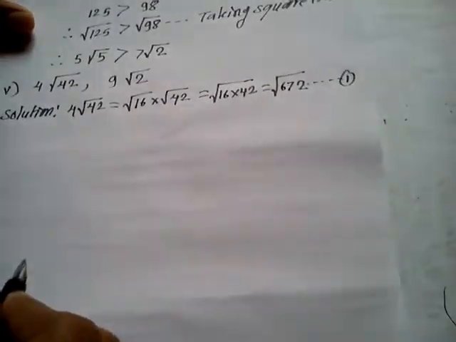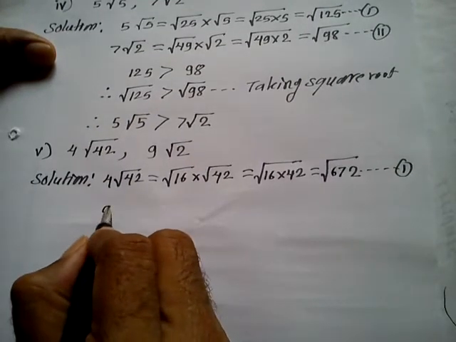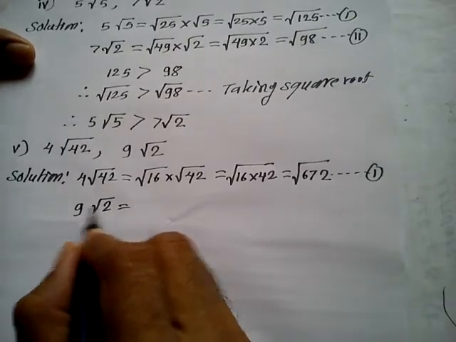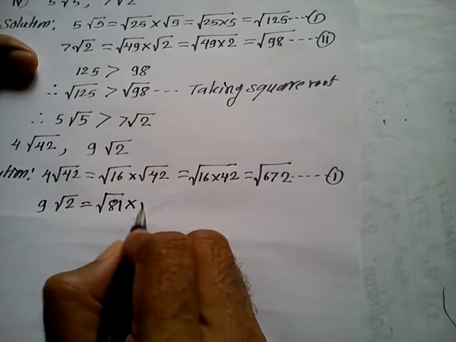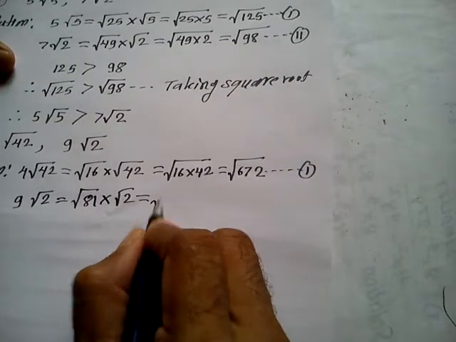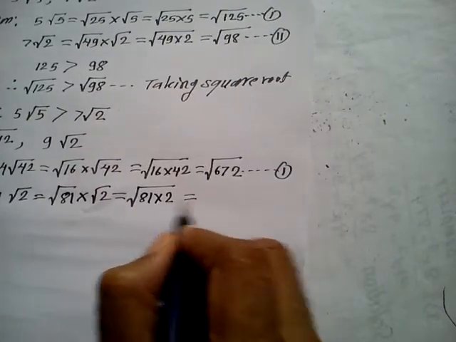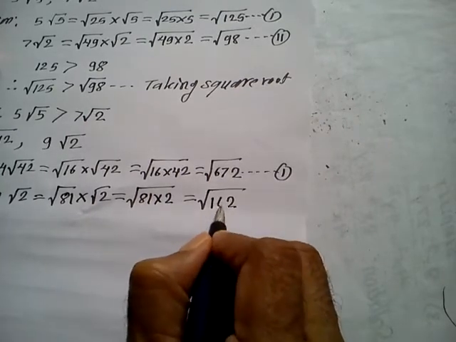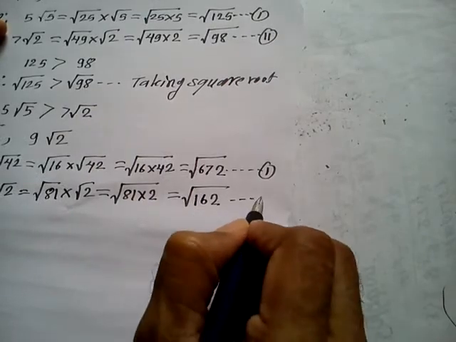Second one, see here, second side is given to us, 9 root 2 is equal to square of 9, that is 81, into root 2 is equal to 81 into 2 under root, 2 1s are 2, 2 8s are 16. So which one is greater? 162 is smaller, 672 is greater.